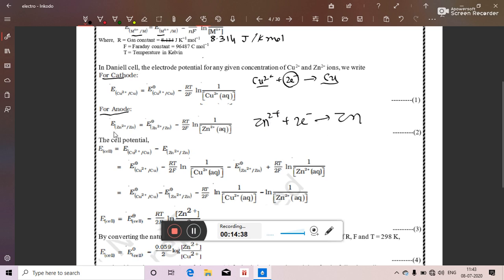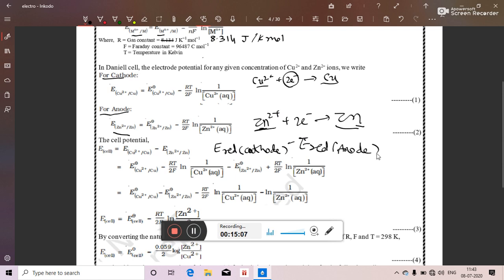So E of Zn2+/Zn equals E° of Zn2+/Zn minus RT upon 2F, natural log of right upon left, so 1 upon the concentration of Zn2+. Now the cell potential, E cell, is always equal to E reduction of cathode minus E reduction of anode.